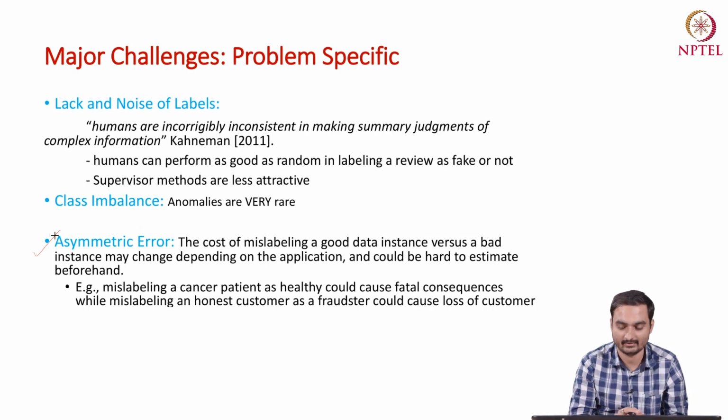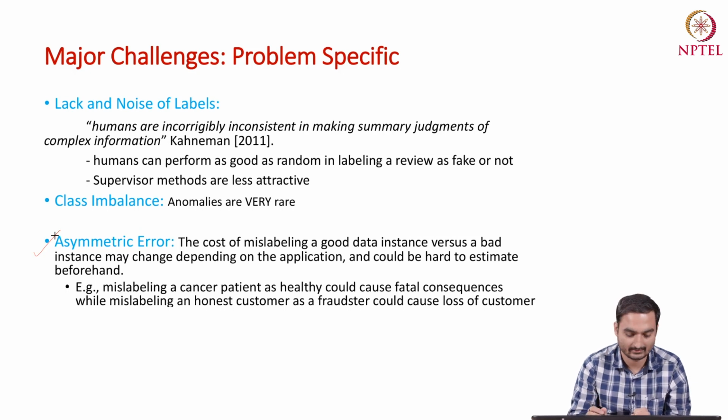What is asymmetric error? If you look at the cost, when we manually identify anomalous behavior, if we wrongly identify an anomalous node, the cost may be detrimental. For example, if we misclassify a cancer patient as a healthy patient, it can have a fatal consequence.